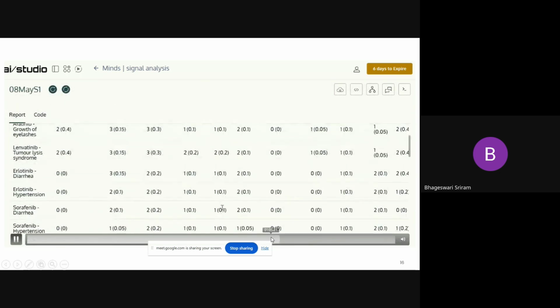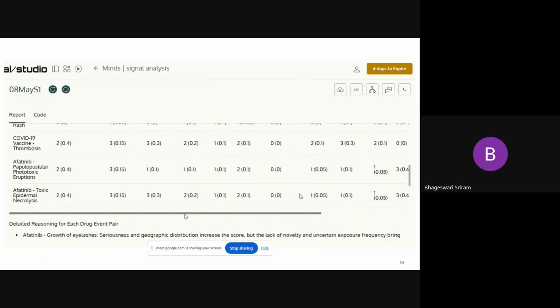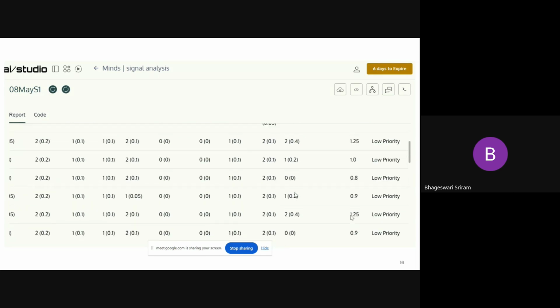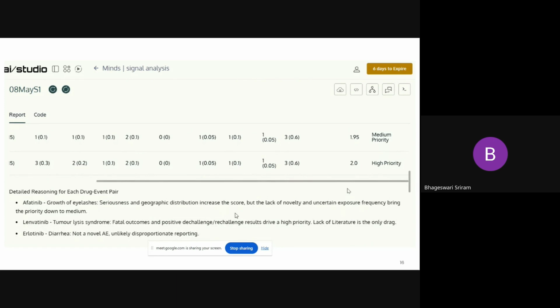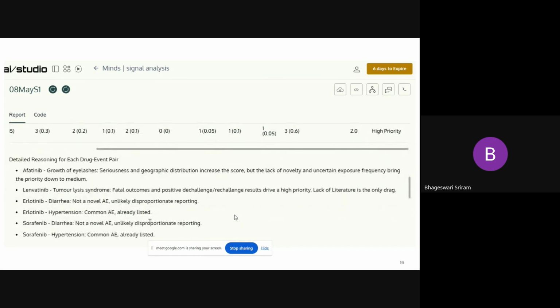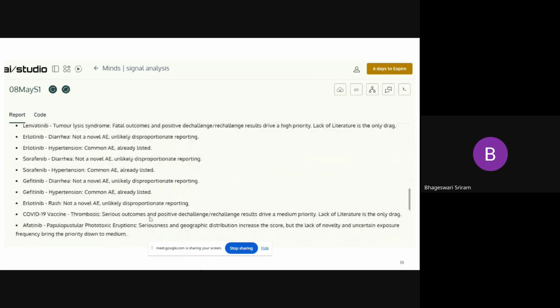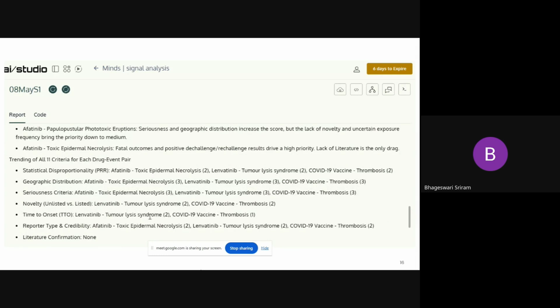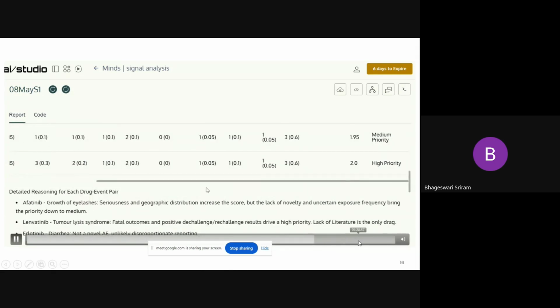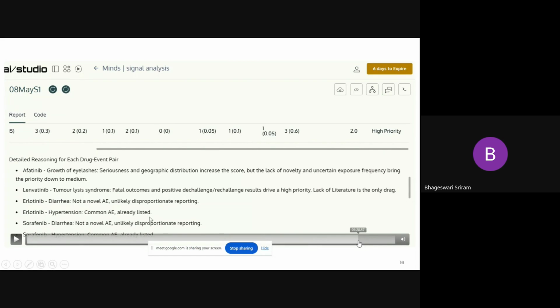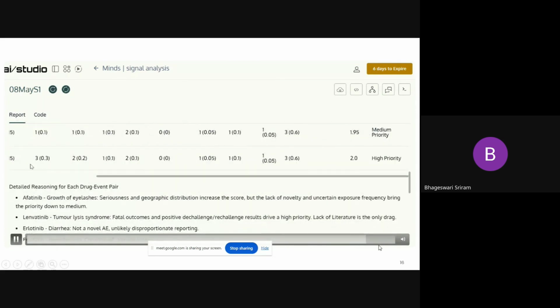So what you saw in the previous table was just an absolute score. Here I've also assigned the weights to it, and it also gives the weighted score along with the classification. And to the extent of details or reasoning you would like it to provide, that's always possible. And you use it as an enabler, right?